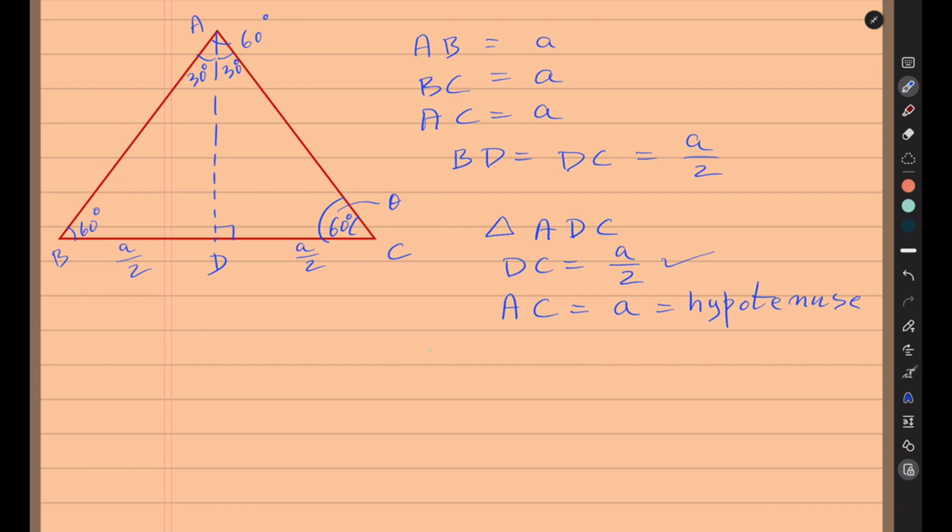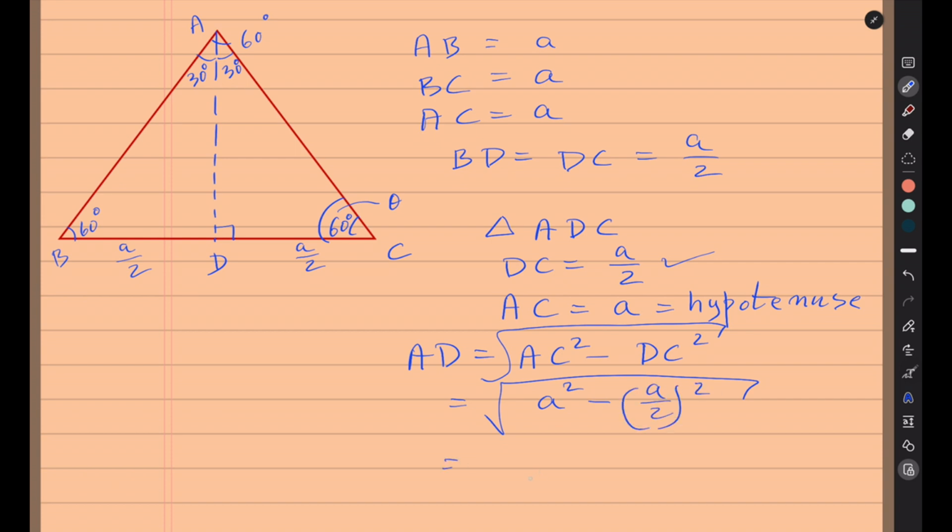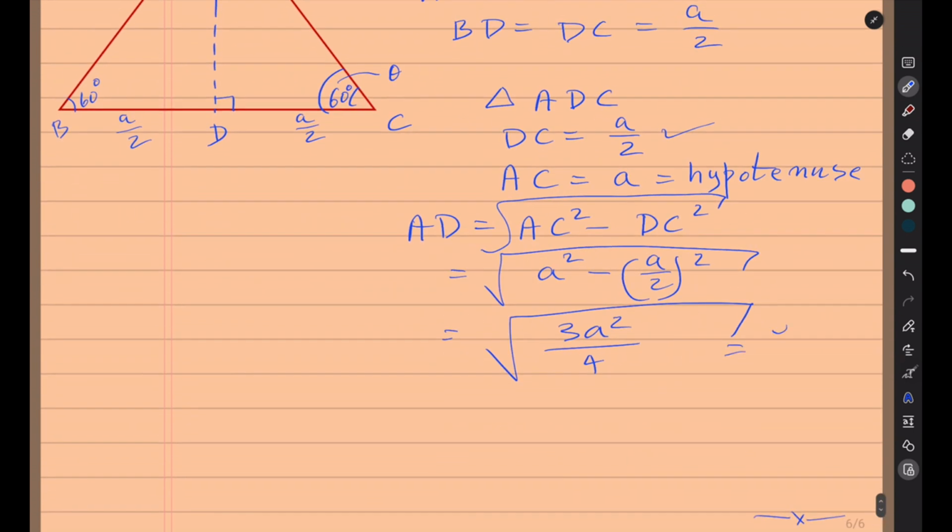What will be the measure of side AD? Again, by Pythagoras theorem, it will be the square root of hypotenuse square minus base square. So AC is a square and DC is a by 2 whole square. It means the square root of 3a square divided by 4, which is root 3 a by 2.